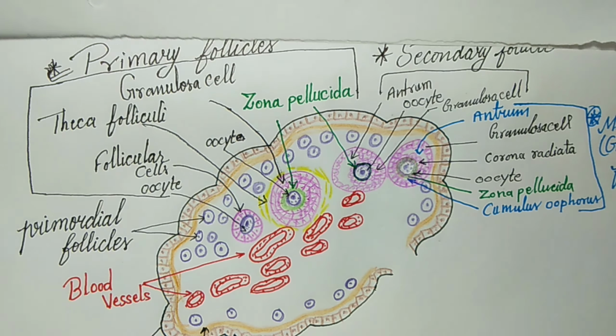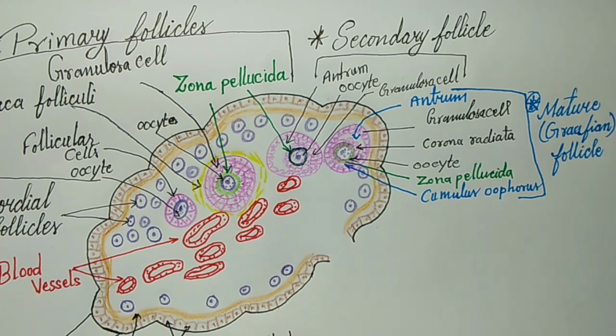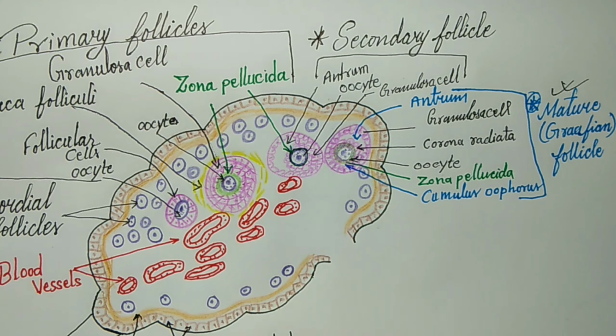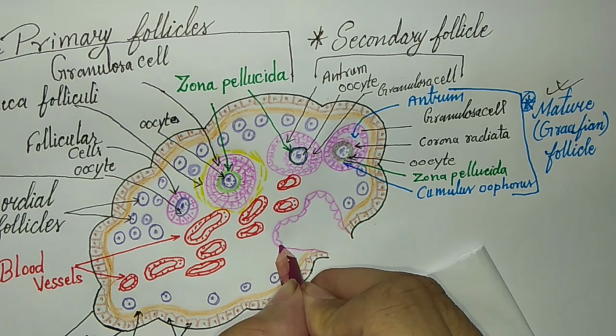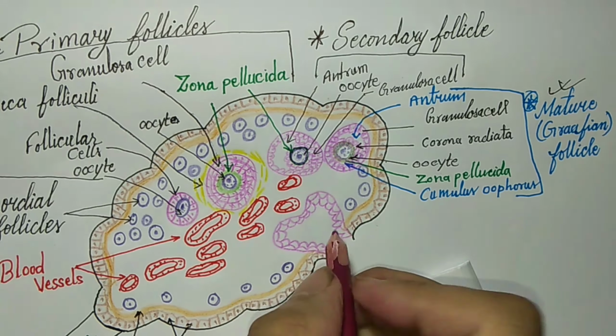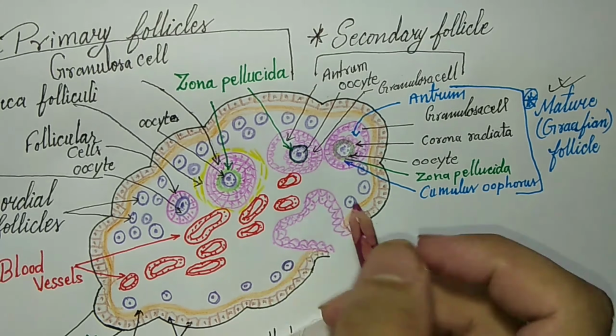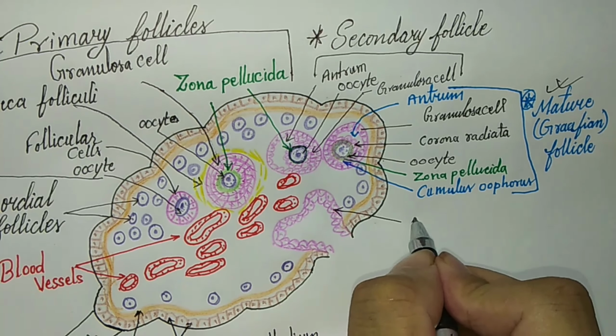Now come to the longitudinal section of the ovary. Under the influence of estrogen, there is a sudden increase in the amount of liquor folliculi, causing rupture of the mature follicle.